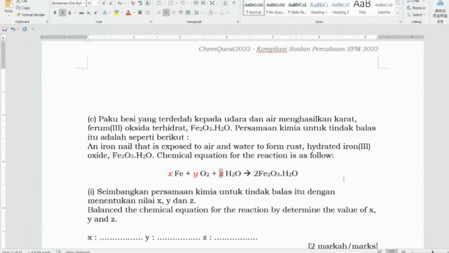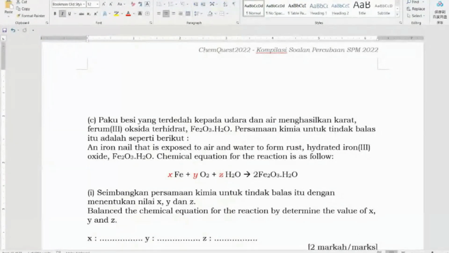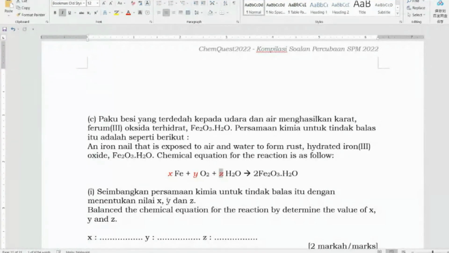Okay, make it balance. Okay, ready? So what is the value of x you get, class?